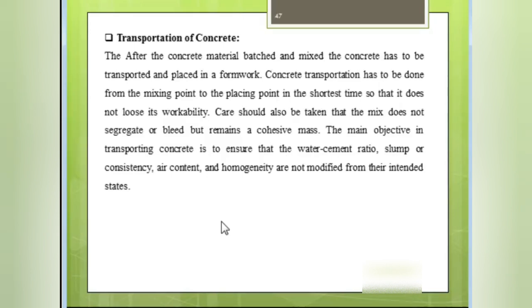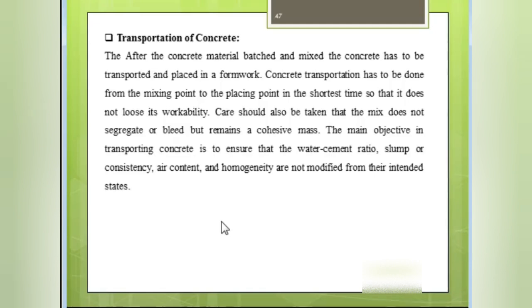For that purpose, transportation of concrete is done through various modes, like concrete truck mixers. Through the mixer truck, we can transport our concrete. But in that case, we should remember that the setting time is very important, because of the distance from the RMC plant to our construction site.